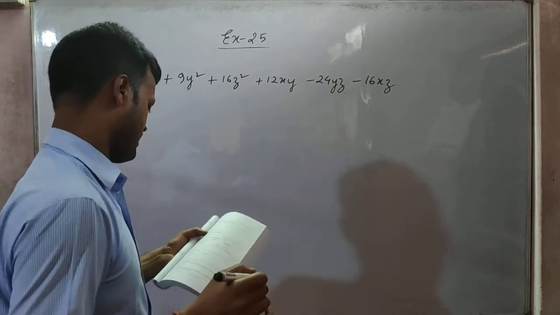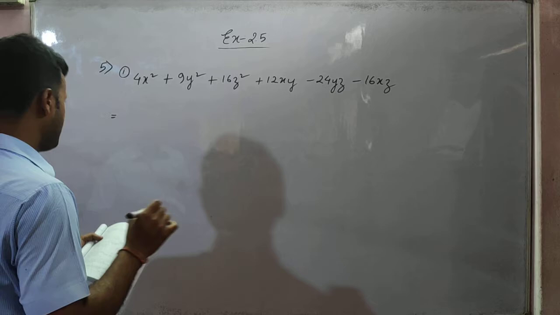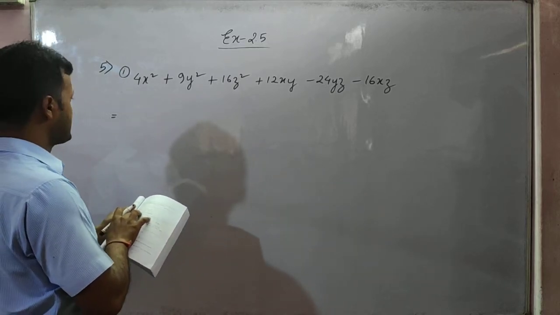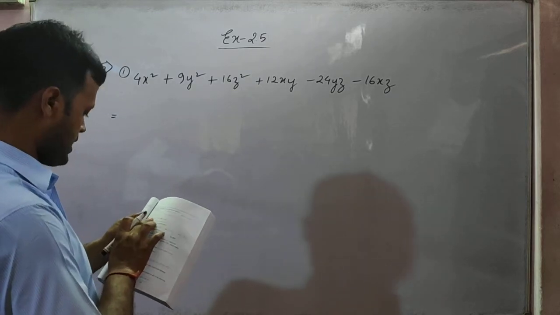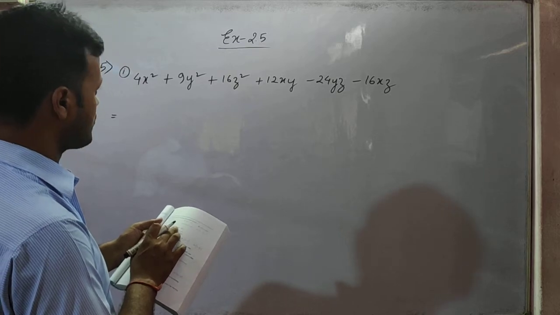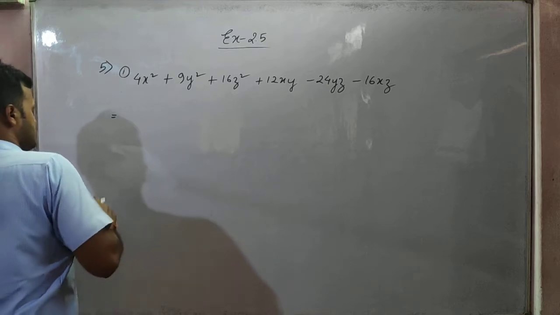Okay, what is the question? 4x square, 9y square, 16z square plus 12xy minus 24yz minus 16xz. We have to factorize this. Okay, so let us factorize this.